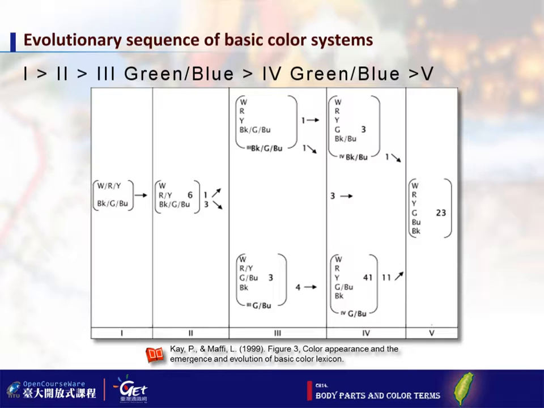You have green and blue in the third stage, and in the fourth stage you have green and blue separated. Then you have these two colors separated in two different stages, and in the last stage, 5.